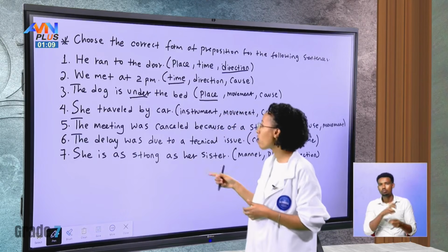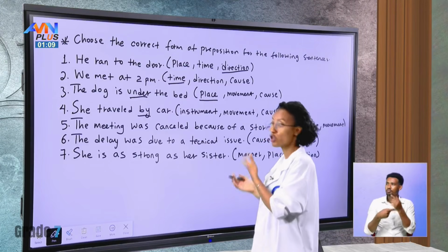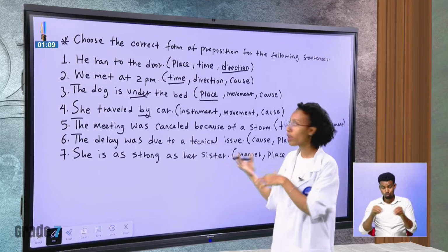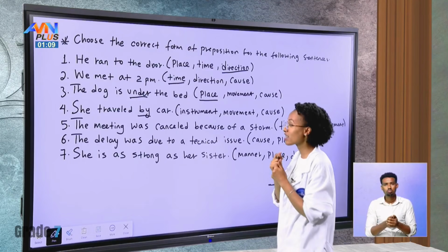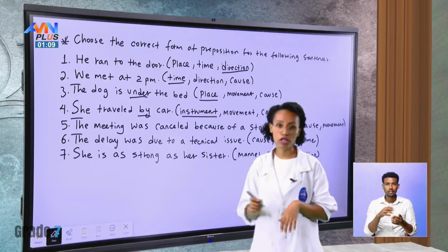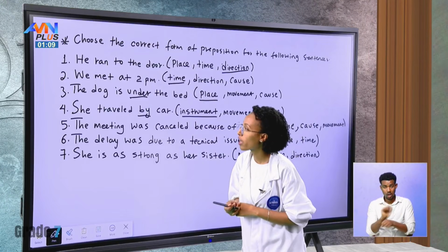Our preposition is by. So is it an instrument, or preposition of movement, or cause? In this case, it is showing the instrument in which she traveled. So, instrument is the preposition that we are looking for.